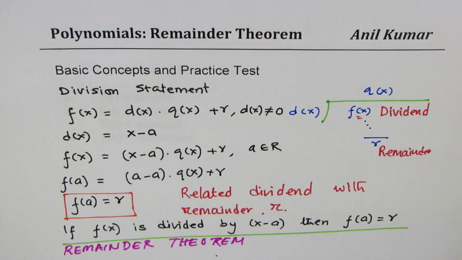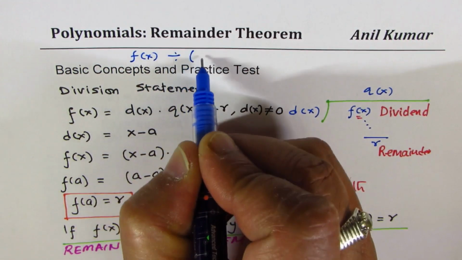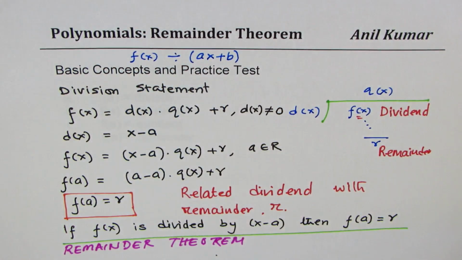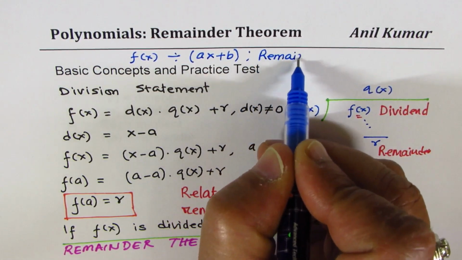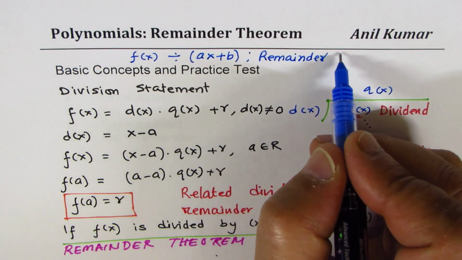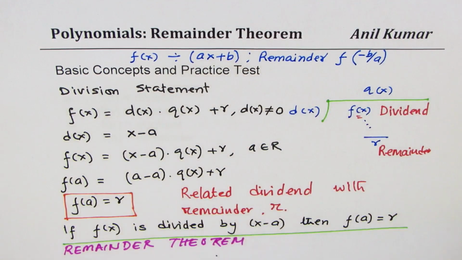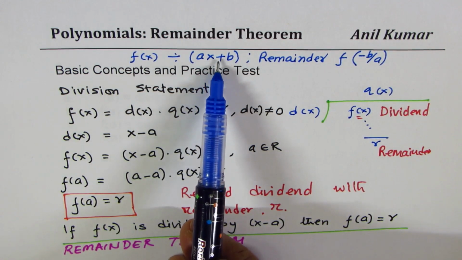Okay. Now we could generalize it. That is to say, if f of x is divided by a term ax plus b, for example, in that case, the remainder is going to be f of minus b over a, right? Whatever makes this 0. There are different ways in which we can write this, but most of the time we take this as negative.